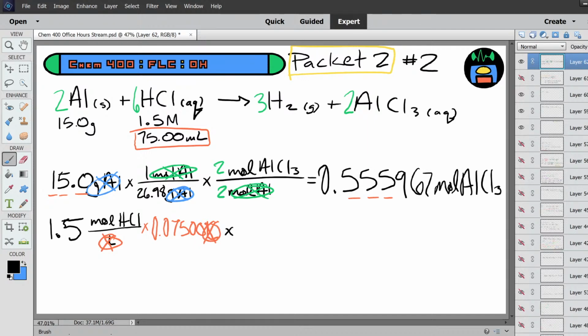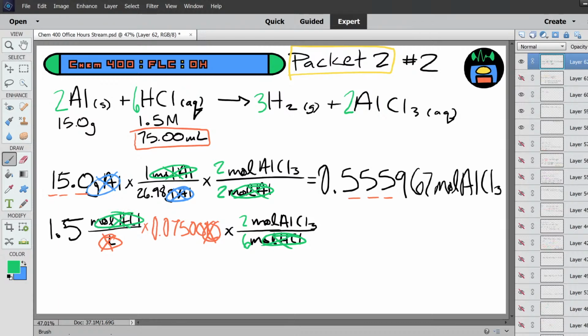Next, we need to convert from moles of HCl to moles of aluminum chloride. And again, this comes straight out of the balanced chemical equation. 6 moles of HCl produce 2 moles of aluminum chloride. Moles of HCl cancel.